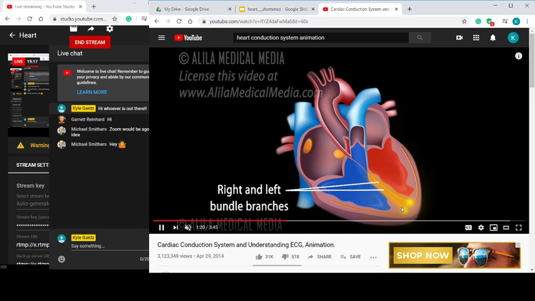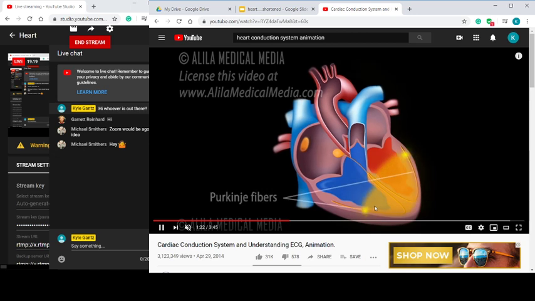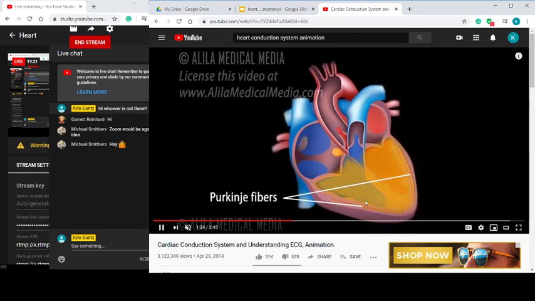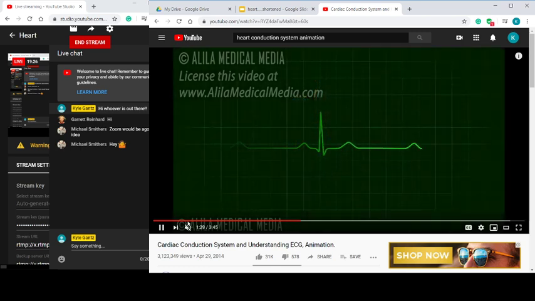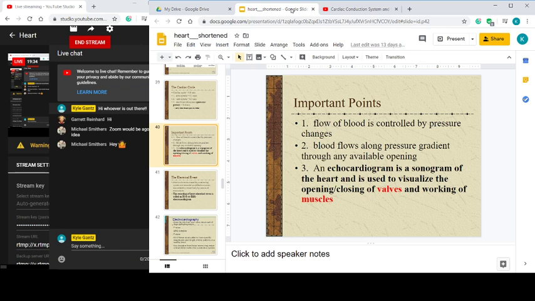Plus, if you watch where the contractions start and how they spread, that also allows for directional pumping. Now, that is intelligent design, right? It's not only the one-way valves, but also the way the heart contracts as well, right? Anyway, blood flows along the pressure gradient through any available opening.